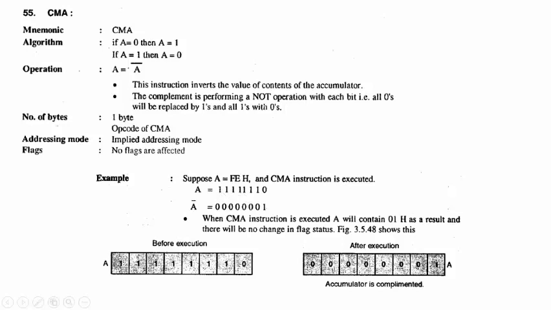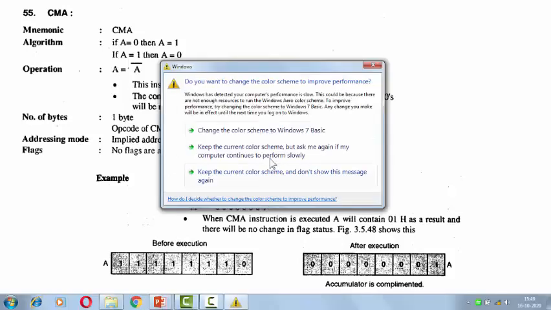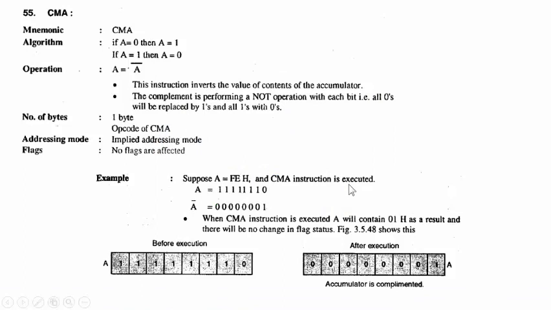So suppose before execution in the accumulator we are having FE hex, 1111, that is F, 1110 means E, in lower nibble E and upper nibble F. So after the execution of this CMA complementation instruction in the accumulator, you will get 0 0 0 0 0 0 0 1.